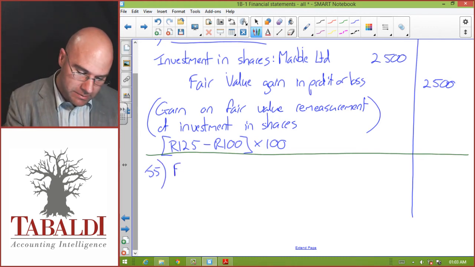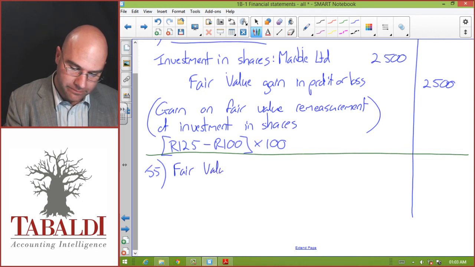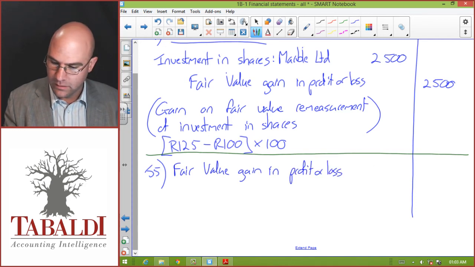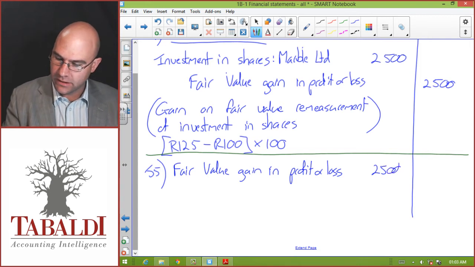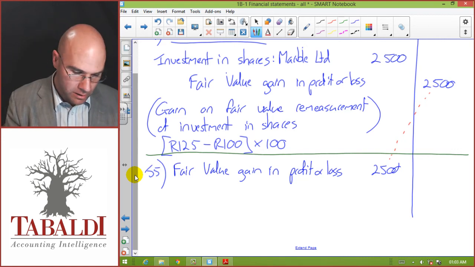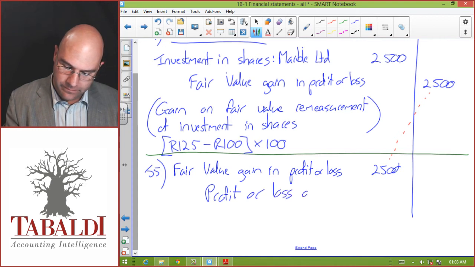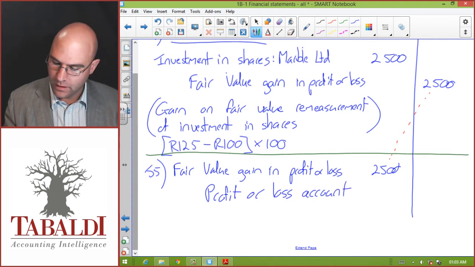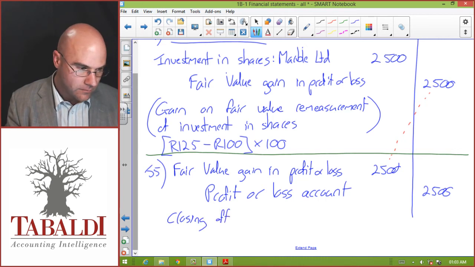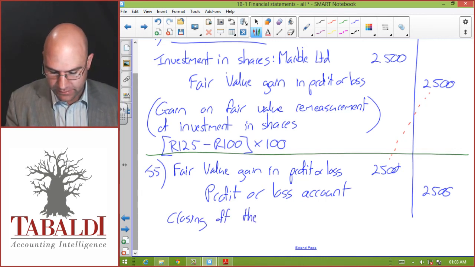So I'm going to go debit the fair value gain in profit or loss, the 2,500, just taking it across from here, reversing it out, and putting it into the clearing account called the profit or loss account to close it out. 2,500, and that is just described as closing off the gain on the financial asset.